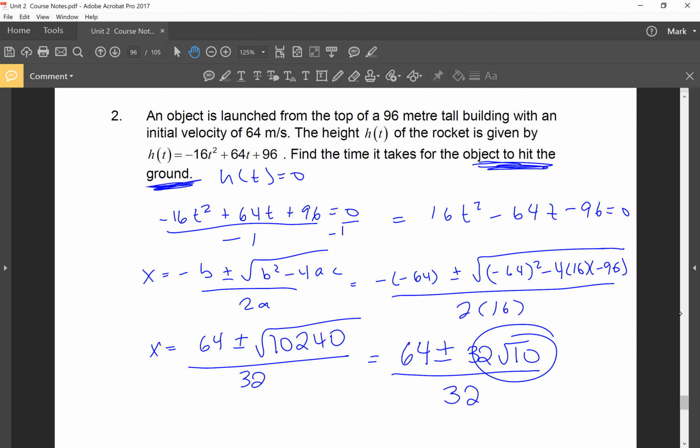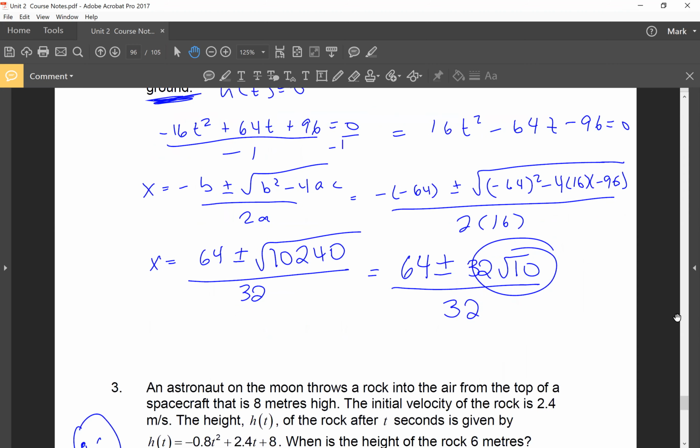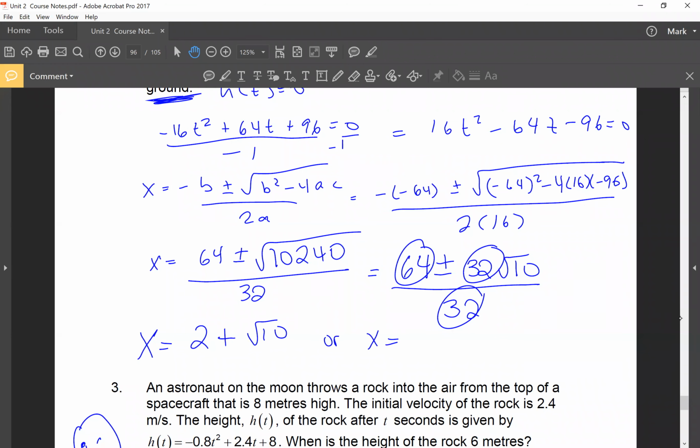Again, do this on your calculator. And now to solve this, I'm going to reduce, meaning I'm going to divide everything I can by 32. So this will be x equals 2 plus root 10, or x equals 2 minus root 10.